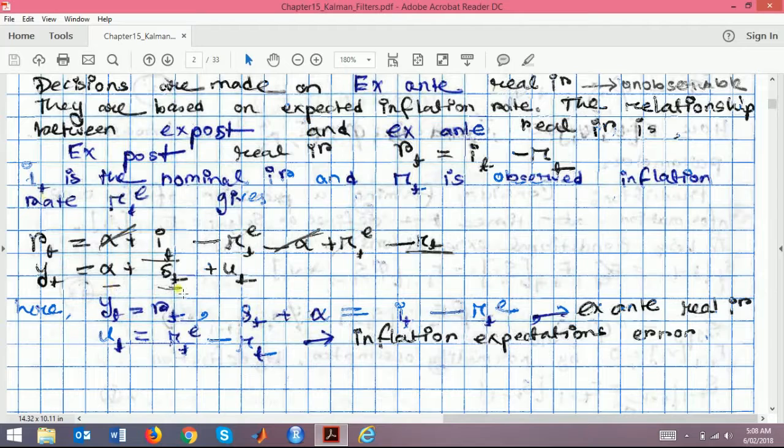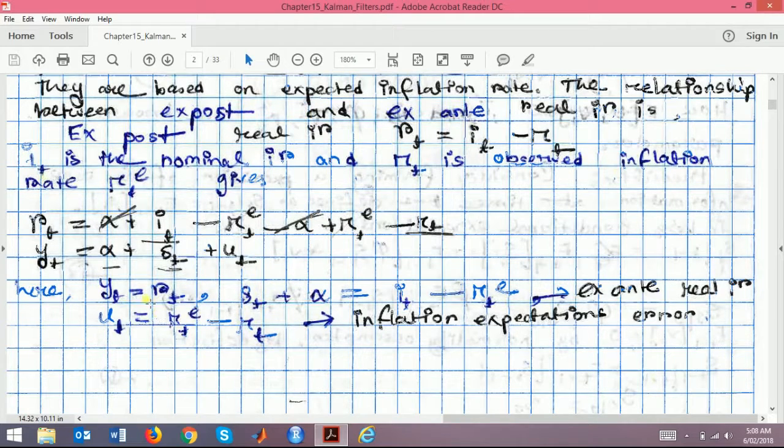we are left with y = alpha + s_t + u_t, that is the regular equation. So in place of y being r_t, we have the ex ante real interest rate minus r_t.